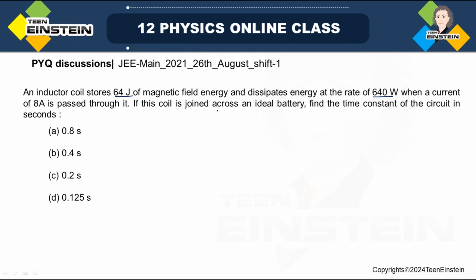If this coil is joined across an ideal battery, find the time constant of the circuit in seconds. Let us read the question once again.